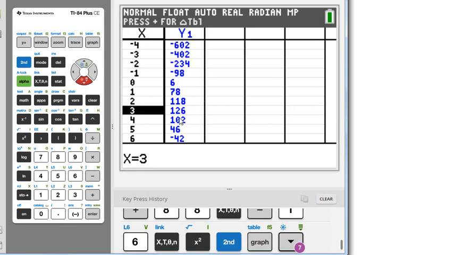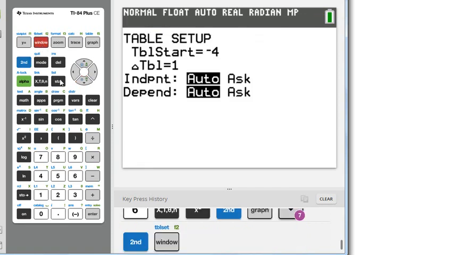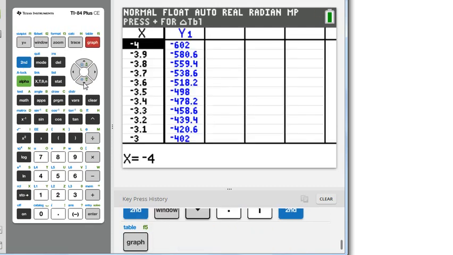But you have to look in more detail, because all this tells you is the value at each one of these integer input values. One way to get around that and still use a table is to go to delta table and change that to a decimal like 0.1.